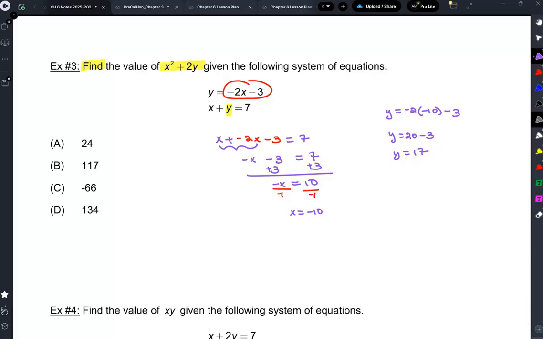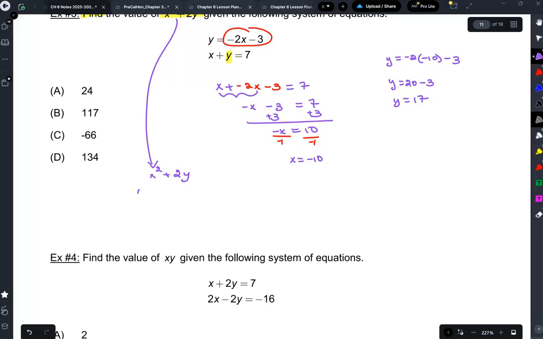Great, but that's not what I want. The question doesn't ask me to solve for x or y. The question asks, what's x squared plus 2y? Okay, this is what the question asks for. So now I gotta take these and do even more math.